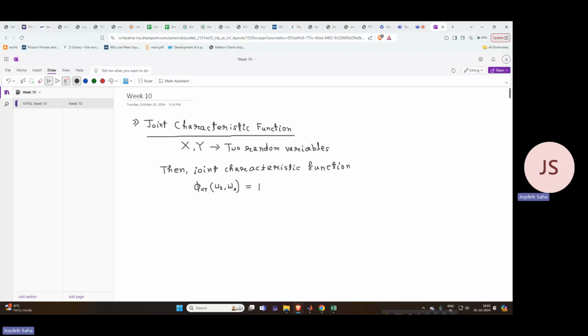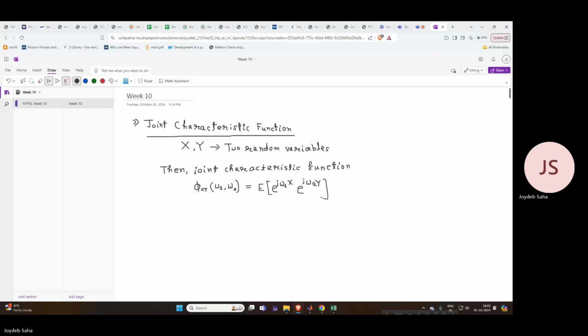It is the expectation of e to the power j omega 1 x multiplied with e to the power j omega 2 y.